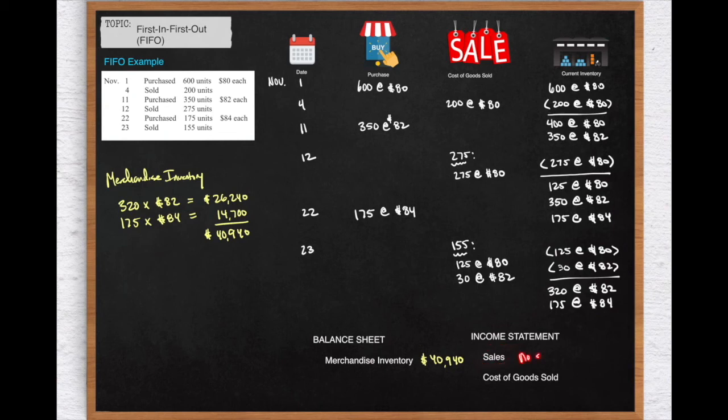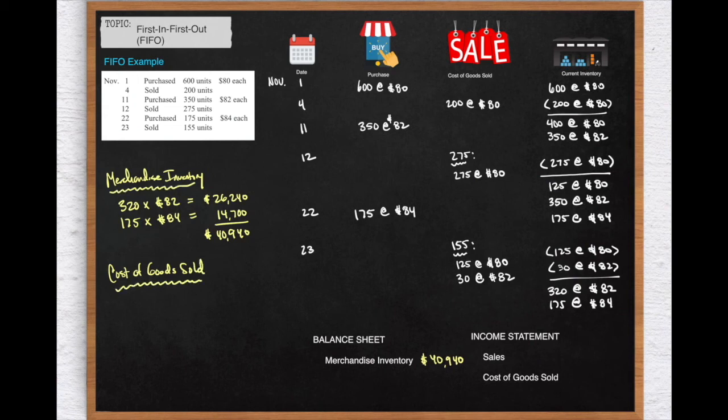Next, what's our sales? We can't really answer the sales because in this example, I didn't give a sale price. But if you had a sale price, you just take the sale price and multiply by the total units you sold, and you'll get your sales. Your cost of goods sold, if you set up this chart correctly, are all the things that are in brackets, because those units left, meaning they were sold and they were valued at a certain cost.